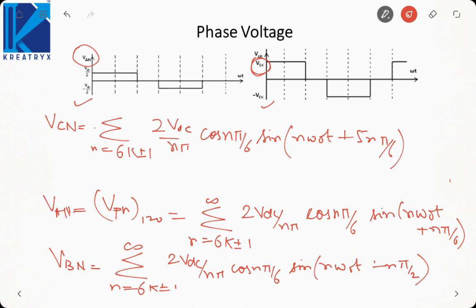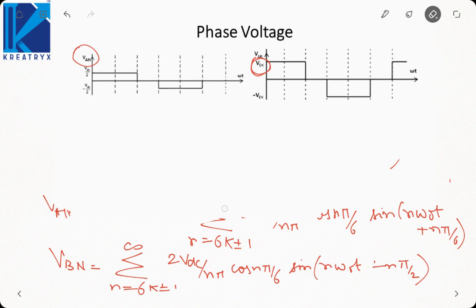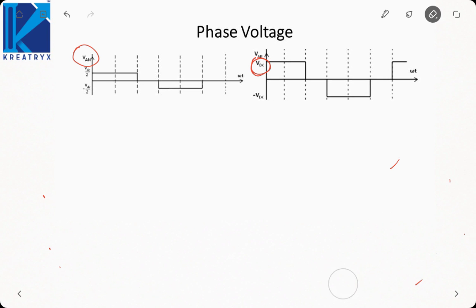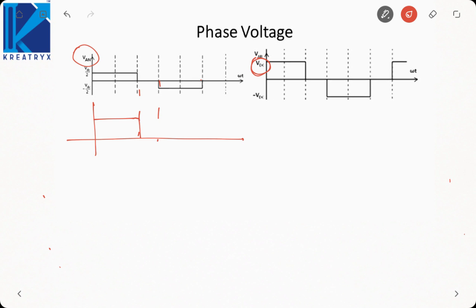But if I want to find the RMS value of this phase voltage, or total RMS of the phase voltage, you will square this waveform. It will become something like this. This will be VDC square by 4.